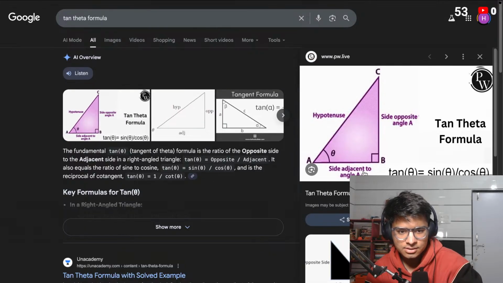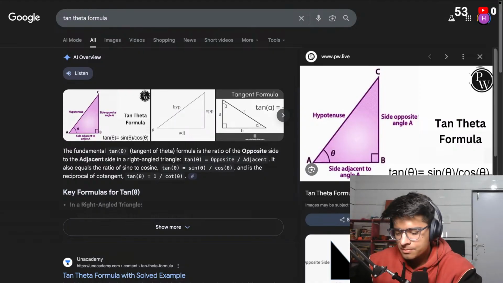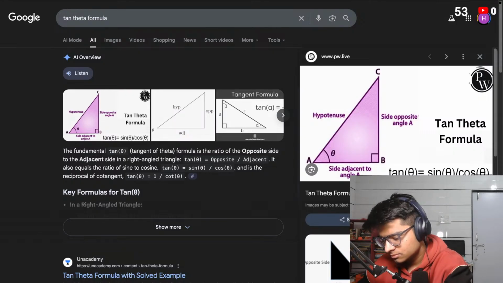Tan theta is equal to sin theta upon cos theta.